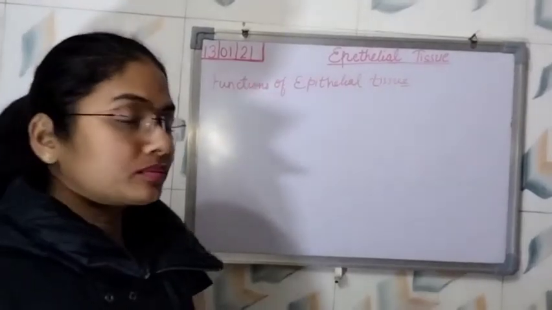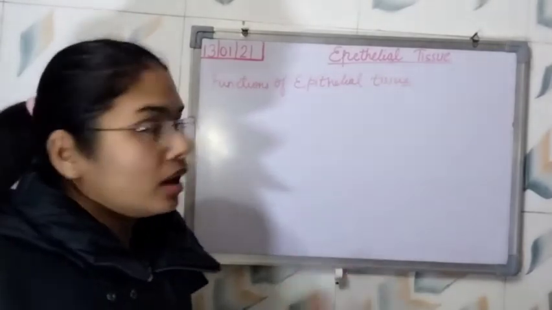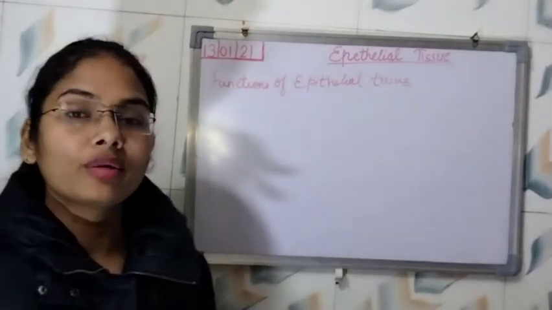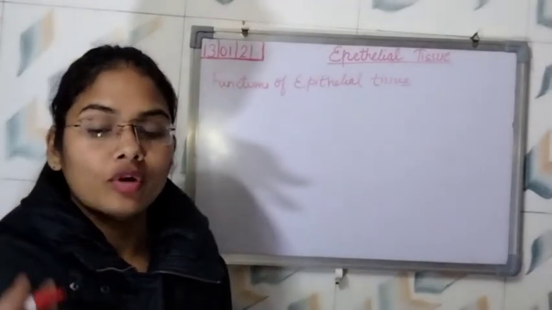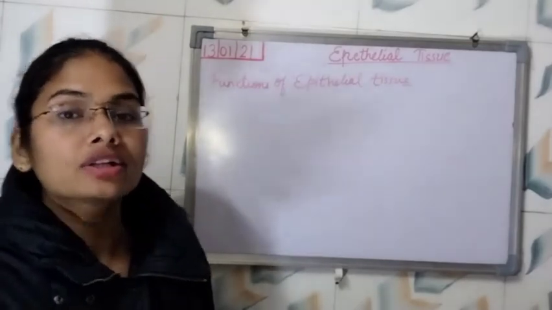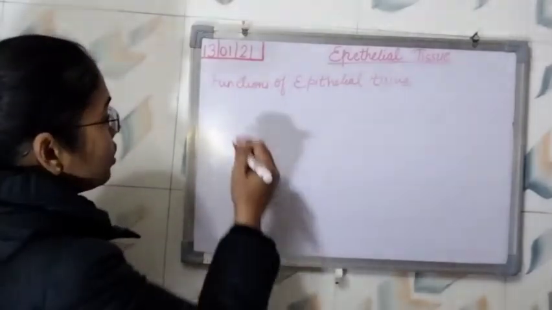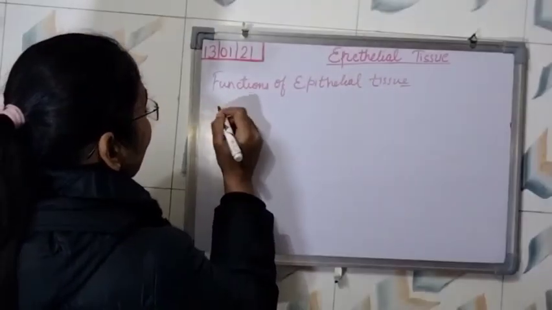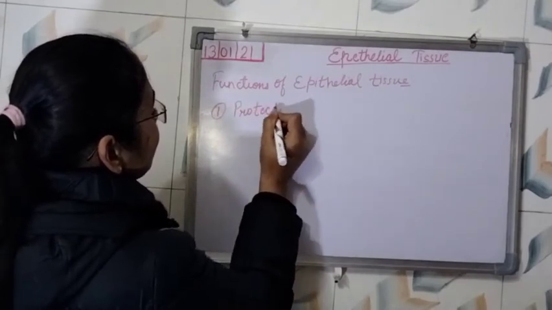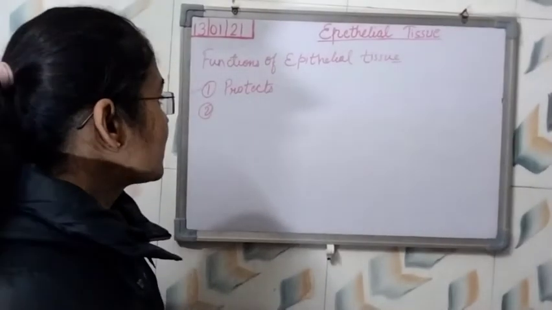The very first and main function of any epithelial tissue is to protect the inner organs from the outer environment. It doesn't allow direct contact between the environment and the organ. So the very first is it protects.